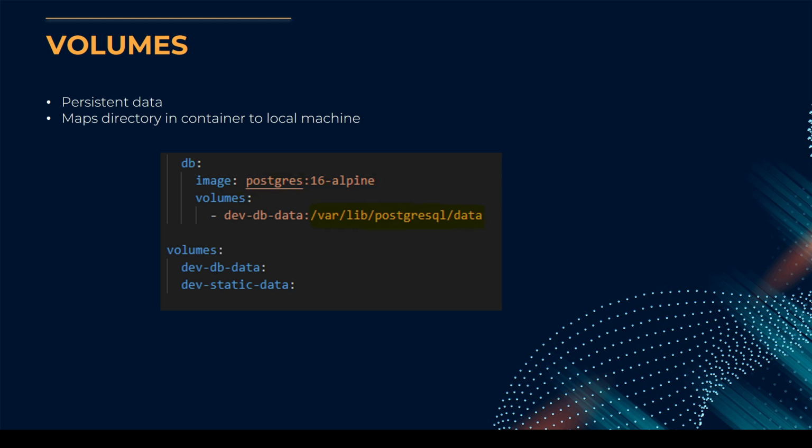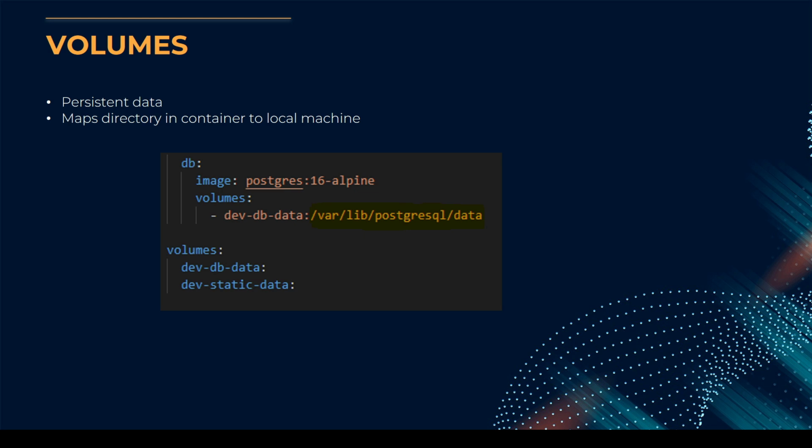So we are going to map the volume to the location inside the container where the database stores its data. Any data created by the database is actually written to the file system, and we are going to persist that specific system location by storing it in a named volume.